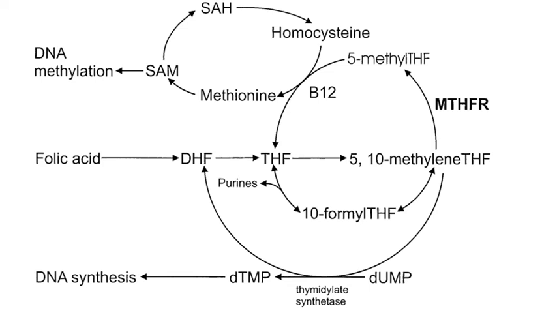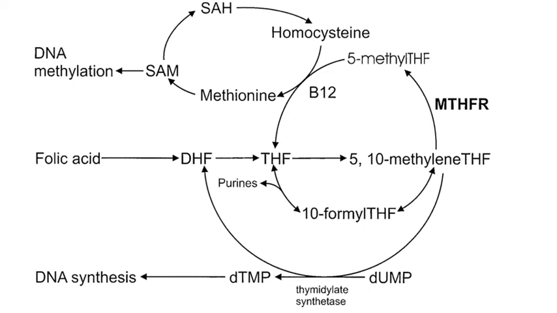N5,N10 methylene tetrahydrofolate donates a 1 carbon unit to convert dUMP, deoxyuridine monophosphate, into dTMP, deoxythymidine monophosphate, which is an essential precursor for DNA synthesis. That reaction is catalyzed by thymidylate synthase, and it's critical for proper DNA replication and repair. Without this process, cells can't produce DNA properly.